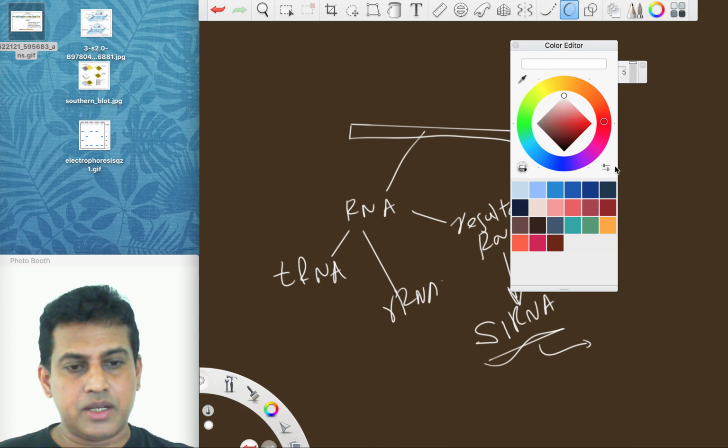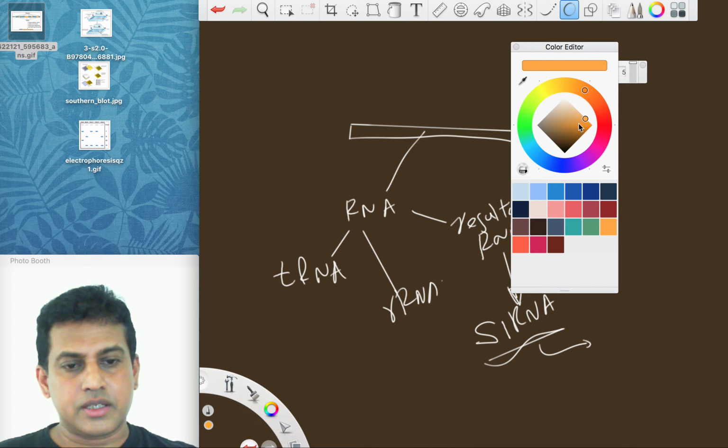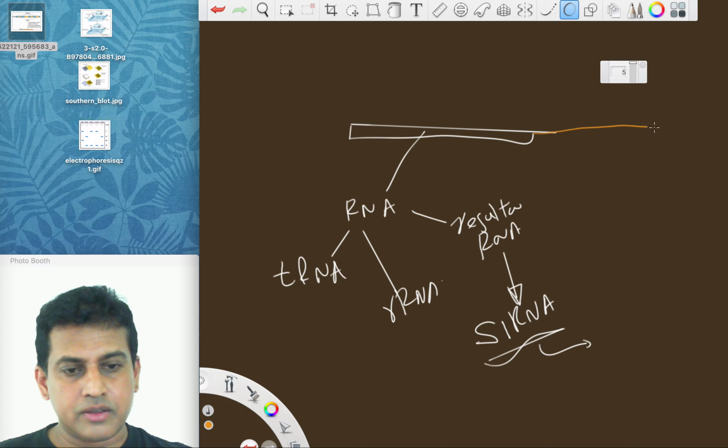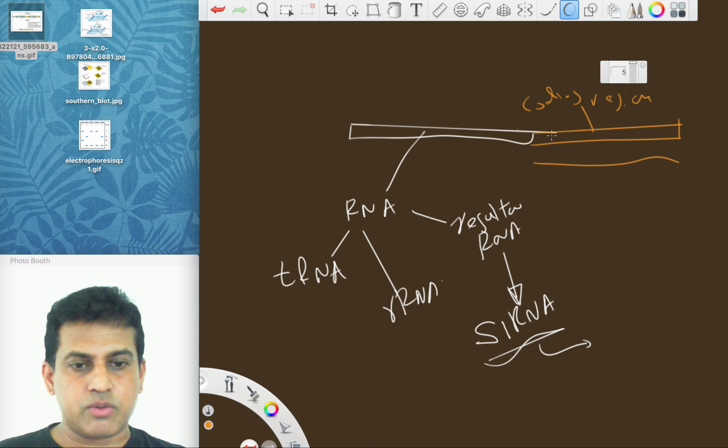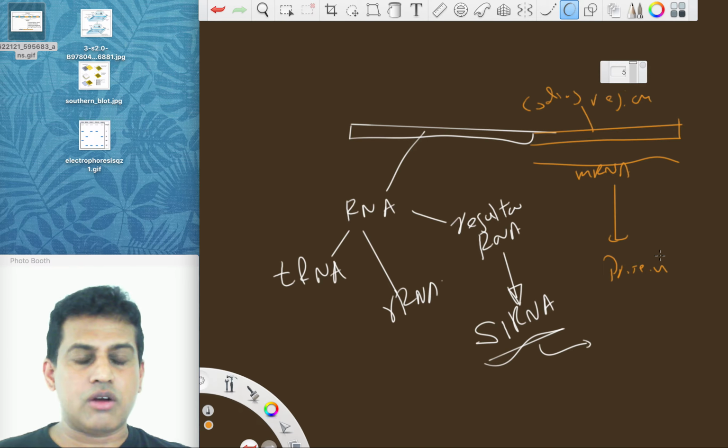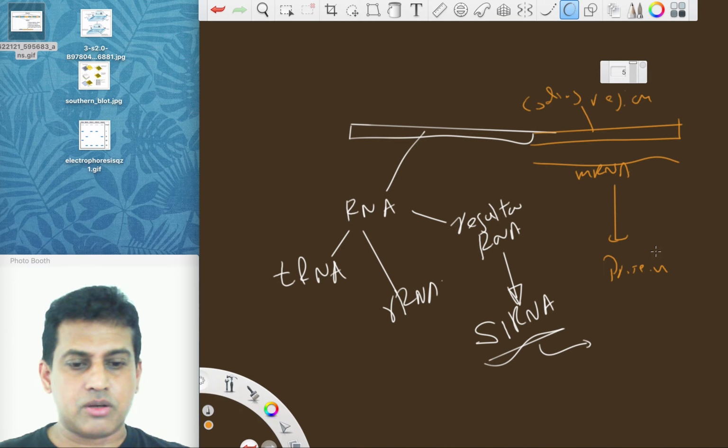So for example, I just show here the mRNA. That's the coding region. The coding region produces the messenger RNA by the process of transcription. RNA polymerase is responsible for making this messenger RNA. As you know, messenger RNA can produce protein when it moves out of the nucleus to the ribosomes.